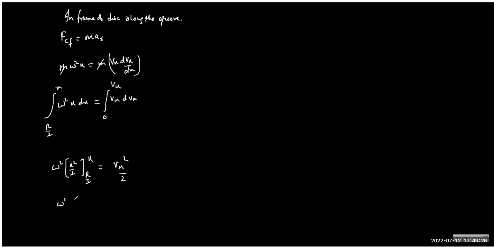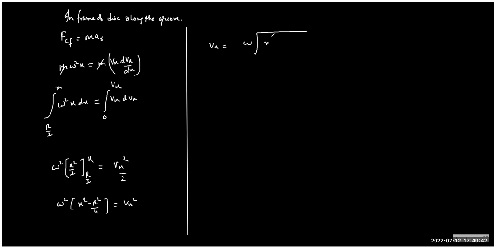So omega square times x square minus R square by 4 is vx square, correct? So we got vx equals omega under root of x square minus R square by 4, right?